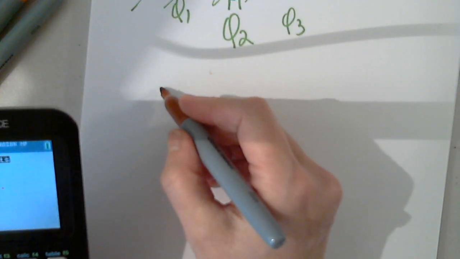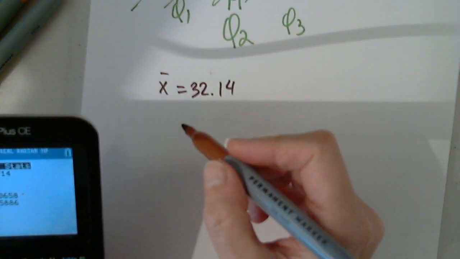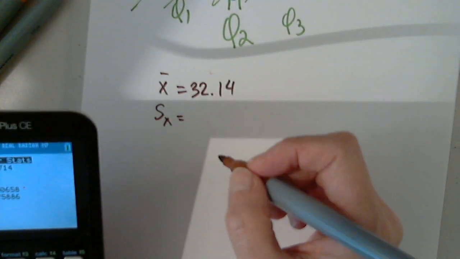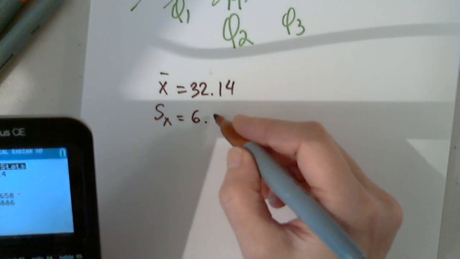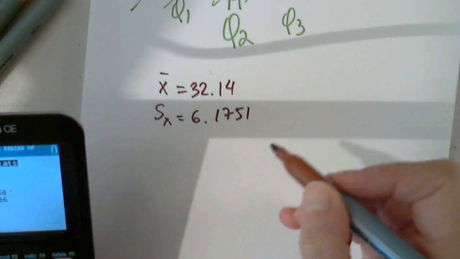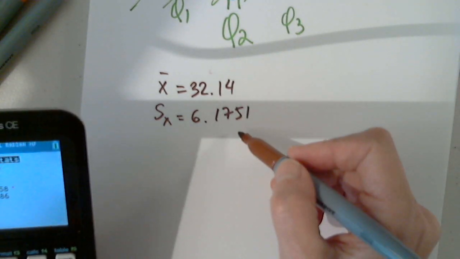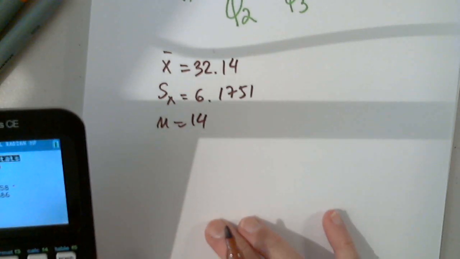So I see x bar, 32.14. I see Sx, that's the sample standard deviation, a little bit bigger, 6.1751. Please use 4 digits, 2 for the mean and 4 for the standard deviation. N equals 14, as we know.